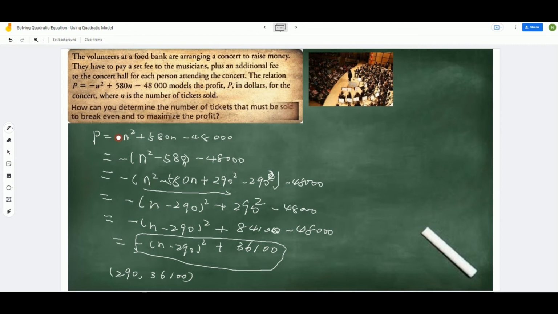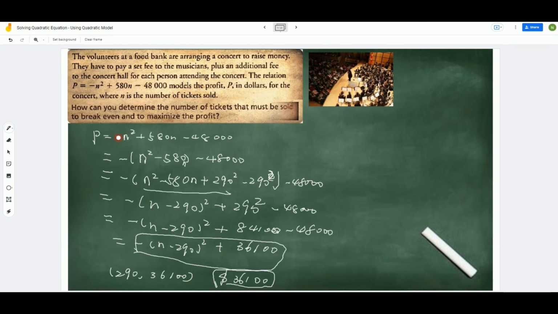This maximum profit is $36,100. As you know, since a is less than 0, the parabola opens downward, so its maximum profit is 36,100. Good. Now let's determine the number of tickets that must be sold to break even.